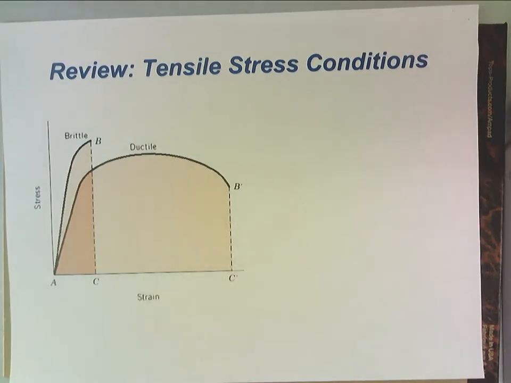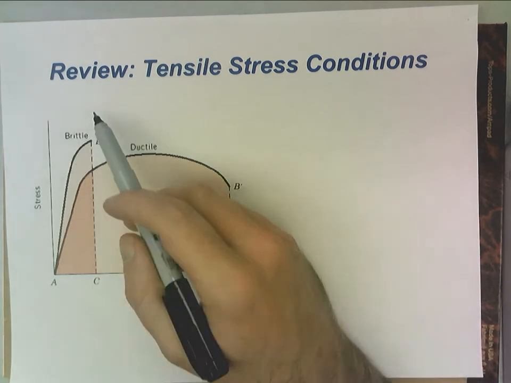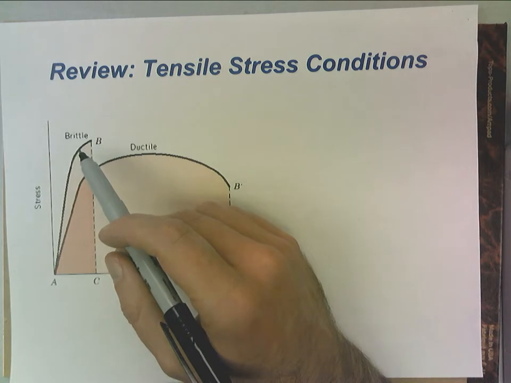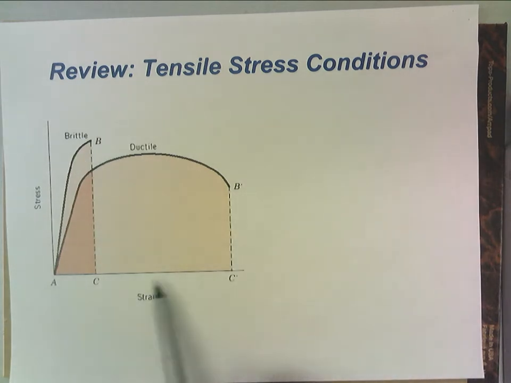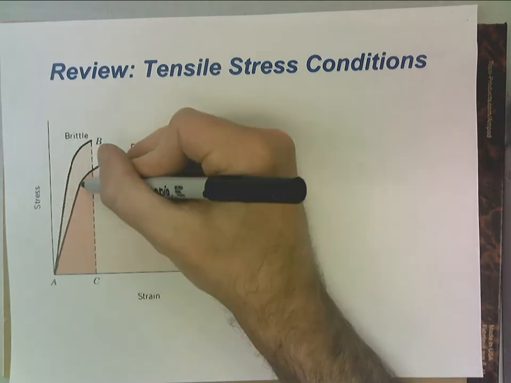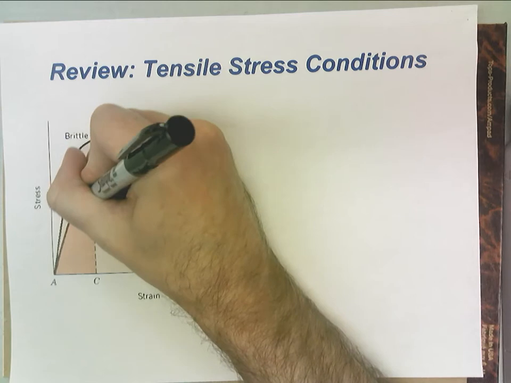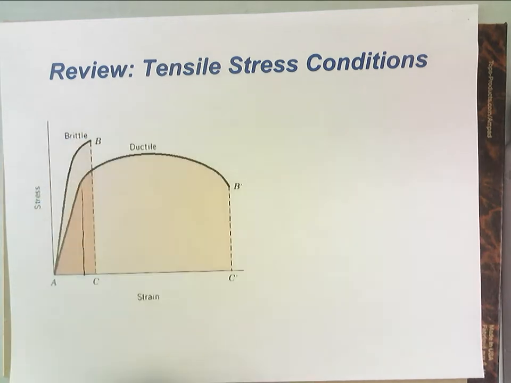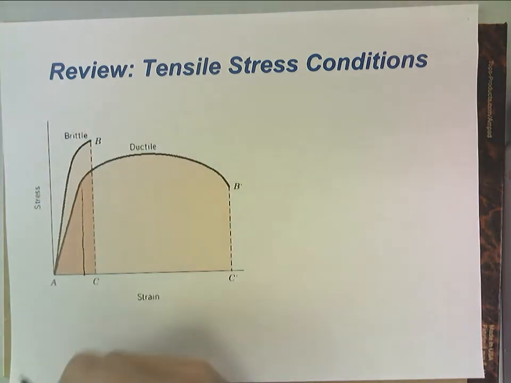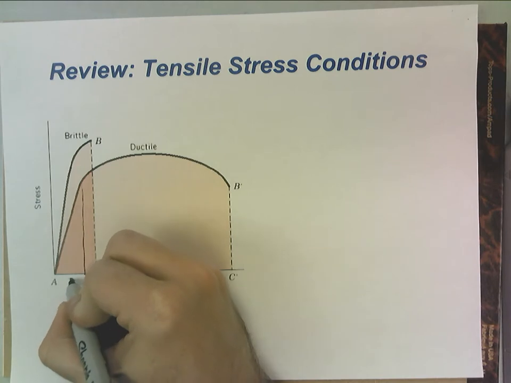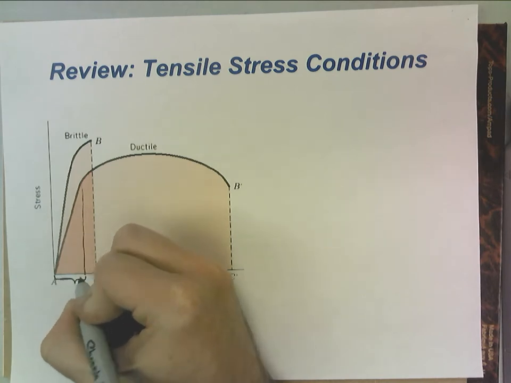So here we go. We're going to go through our slides. We have a quick review of ductile versus brittle behavior. Ductile materials show significant plastic strain. So remember, this is going to be more or less where we quit being linear, right?